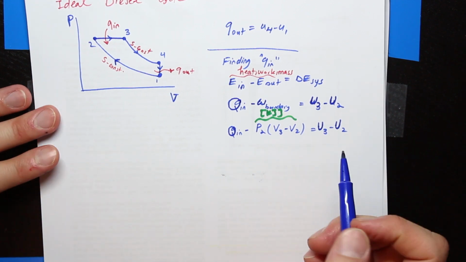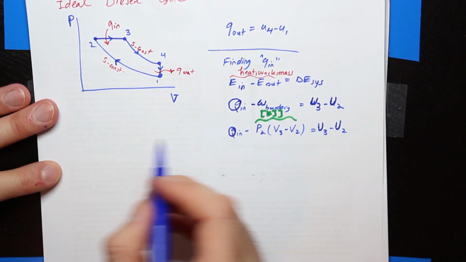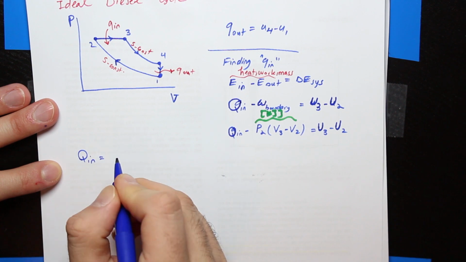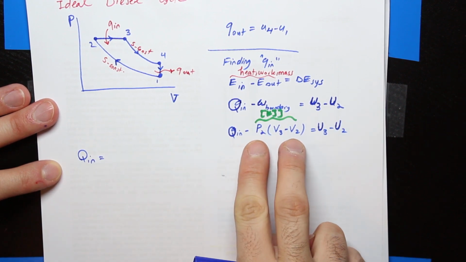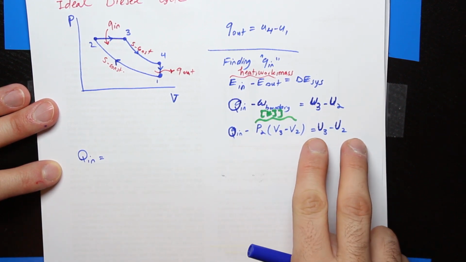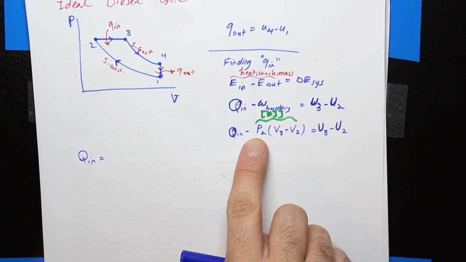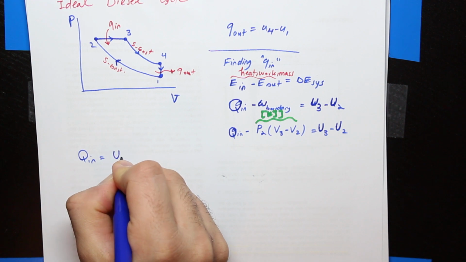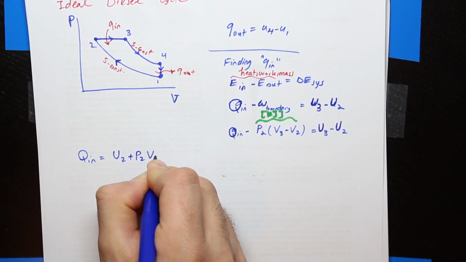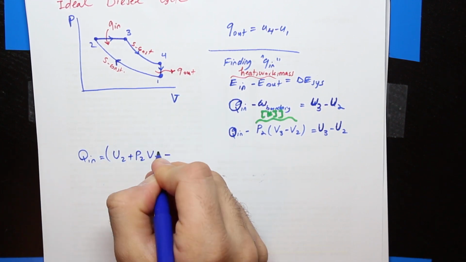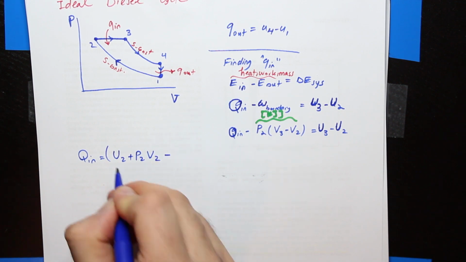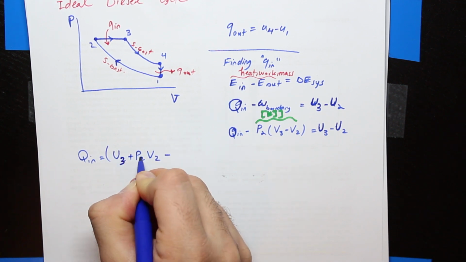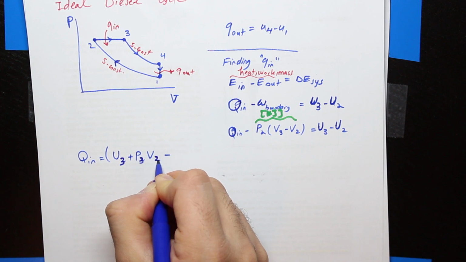All right, so let's work on this equation here. I would say Q in is equal to, what I'm going to do, I'm going to transfer this to the right hand side. And don't forget that P2 is also equal to P3. So I would say U2 plus P2V2 minus U3 plus P3V3.